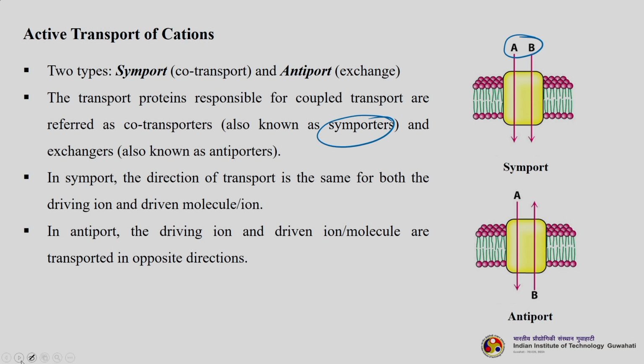So, we will try to understand how symport happens. I will try to draw a schematic. Let us say this is the membrane, and this is aqueous phase 1. Here I have phase 2, also an aqueous phase.